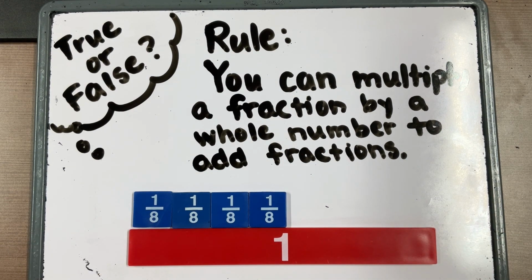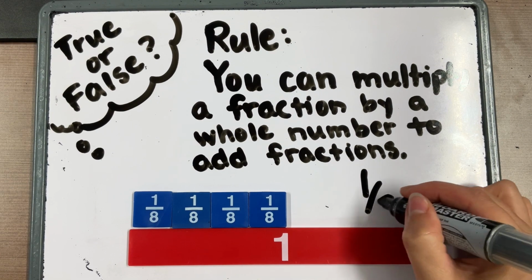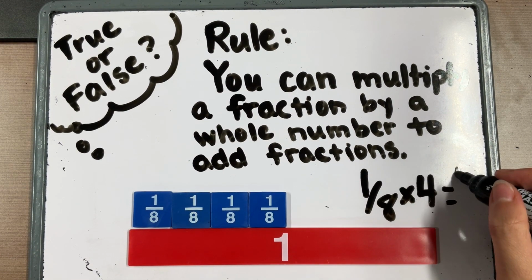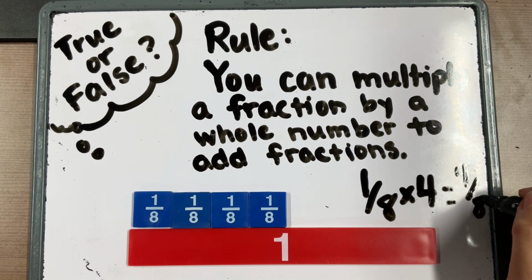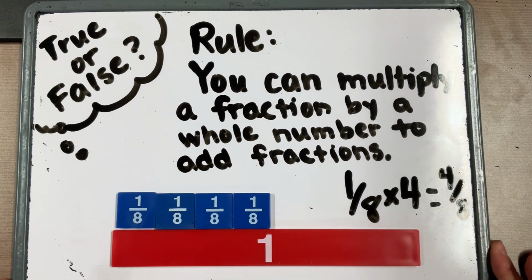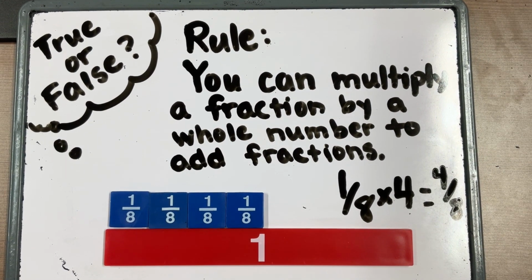I could also say, instead of 1/8 plus 1/8 plus 1/8 plus 1/8, I can say 1/8 times 4. If I have 1/8 4 times, that would equal 4/8. But it does not quite work this exact same way for division. Go ahead and explore and see what you can decide for division. And as a class, decide what you might say for division and subtraction.